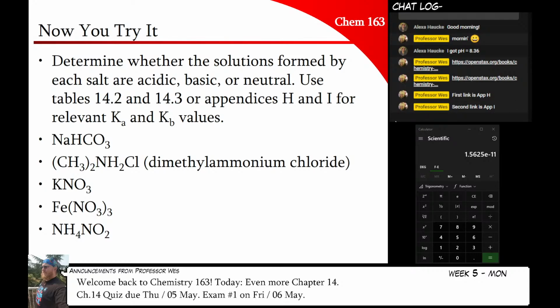So use those for problem number 5. But the first 4, you should be able to very quickly say acid, base, or neutral. So that's what I want you to do. Go ahead and do those. I'm going to give you like 5 minutes to do this, because the first 4 should take you literally 20 seconds.